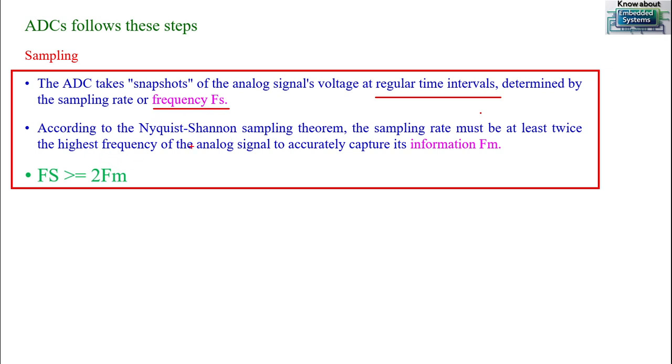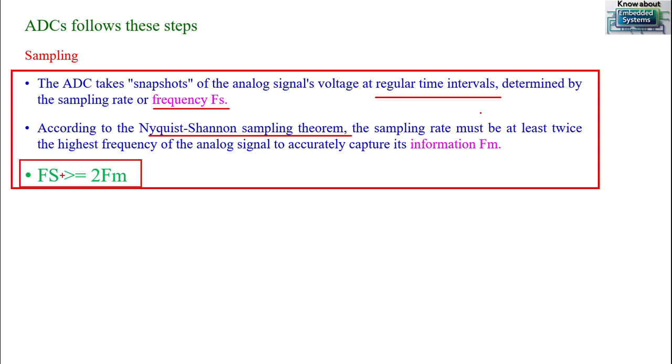Then there is the Nyquist theorem, which is called the sampling theorem. So what does it say? The theorem says that the sampling frequency should be greater than or equal to at least 2 times Fm. So here you can see, it talks about two parameters: one is the sampling frequency and one is the message frequency.